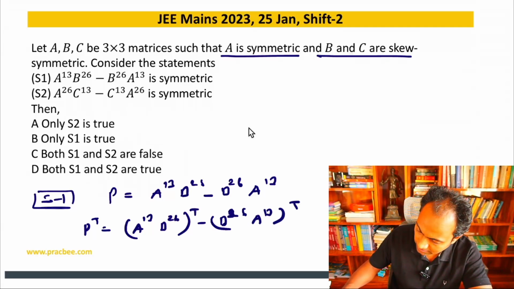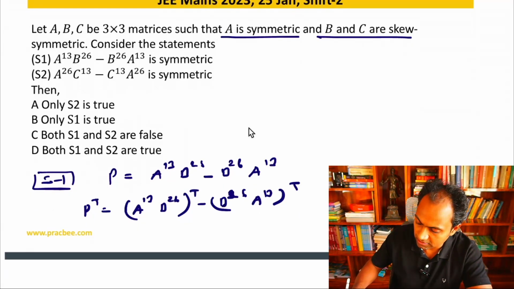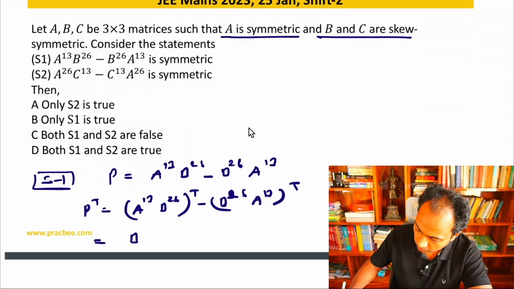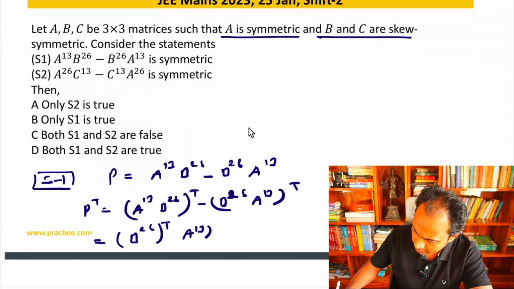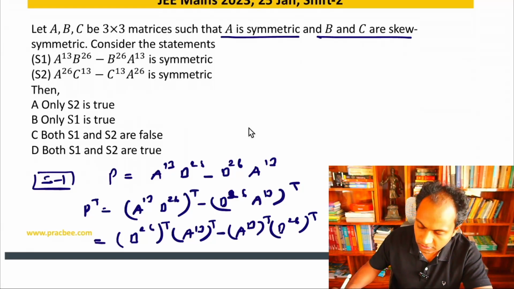Once you have written it like this, for a product A into B, the transpose interchanges the order. That is the property that I told you is very important. So this can be written as A raised to the power 13 transpose into B raised to the power 26 transpose.